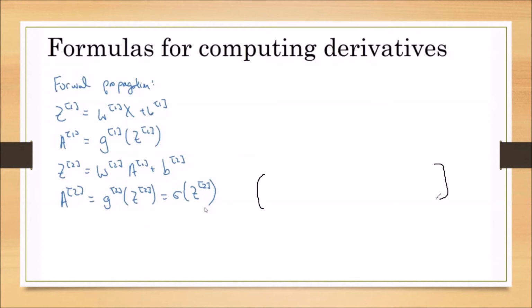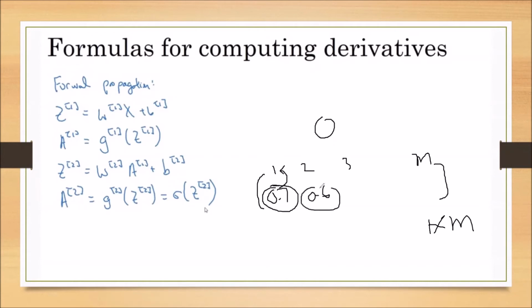In the second layer we have only one activation unit, but we get a 1 by M matrix, meaning this is the first sample, this is the second, this is the third, up to M. For example, this may be 0.7. This 0.7 value is the predicted output for the first training sample. This 0.6 is the output for the second training sample.